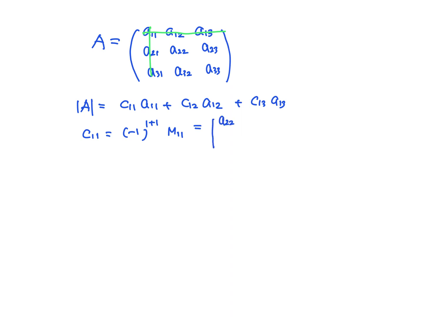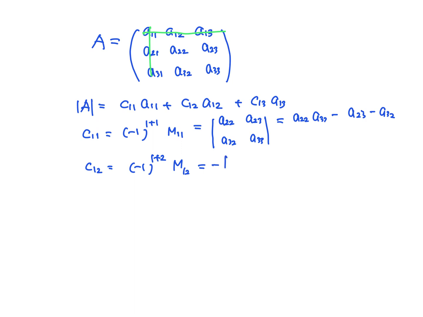So A22, A23, A32, A33. So A22 A33 minus A23 A32. C12 is minus 1 to the 1 plus 2, M12. Minus 1 to the 1 plus 2 is minus 1 to the 3. That is minus 1, right?